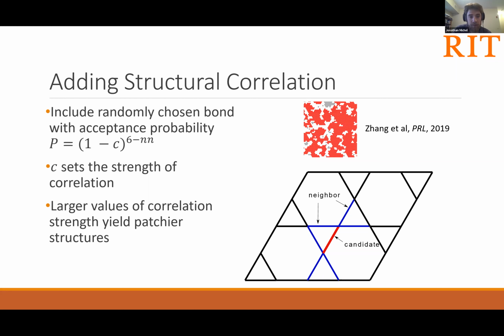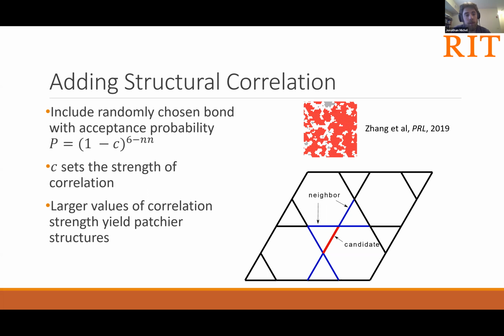One can show in general that this will be twice the coordination number of the lattice minus 2. So then we choose a correlation strength, C, and we include the candidate with a probability 1 minus C to the power of 6 minus the number of nearest neighbors.